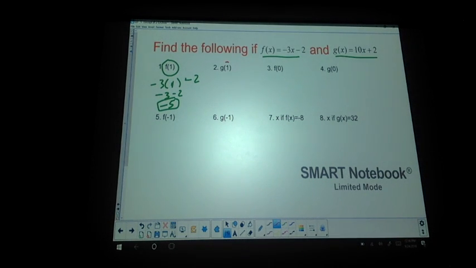What about this one? Which equation does that go in for, the first or the second? Second one, because it's g, so that's going to be 10 parentheses plus 2. That had been an x. What's going there? 1. 10 times 1 is 10. 10 plus 2 is 12.